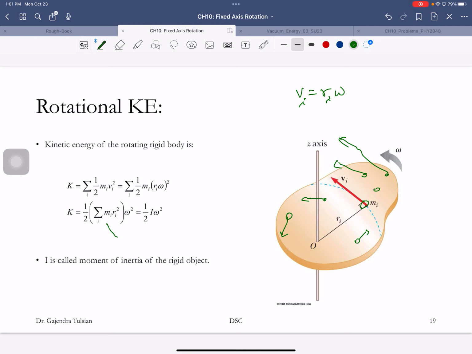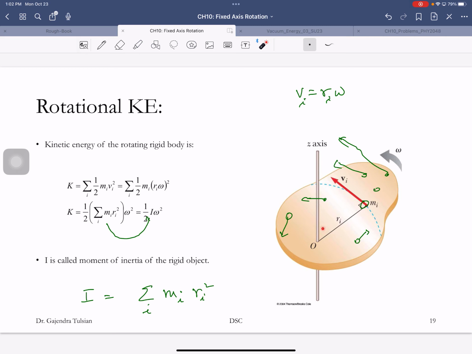So you see the moment of inertia of this object is the mass of each piece times the distance of that piece from the axis of rotation, squared, summed over each piece. So you can see that the moment of inertia for an object can change if you redistribute the pieces.